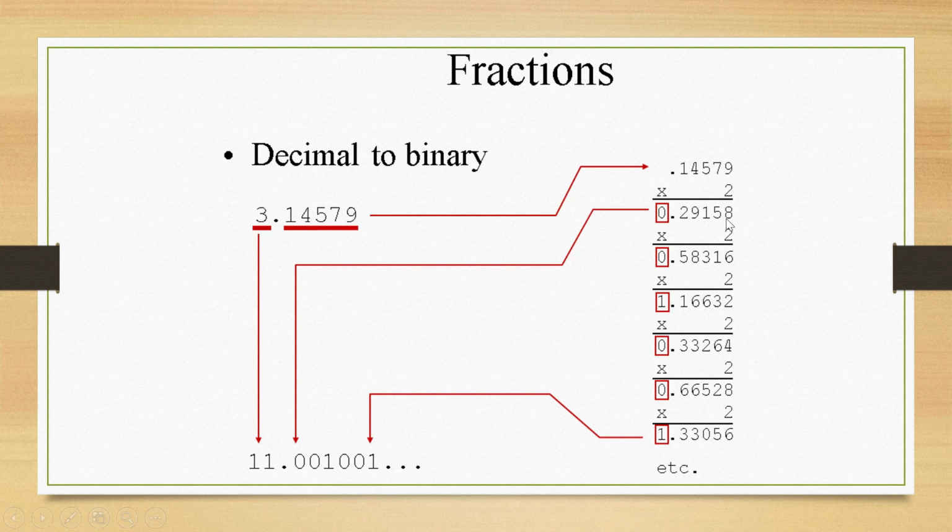Whatever is in the product, you multiply it again by 2 until you reach the number of bits that is required. So just by looking at the example, we see clearly how we calculate these fractions.